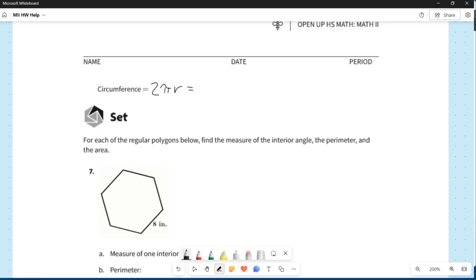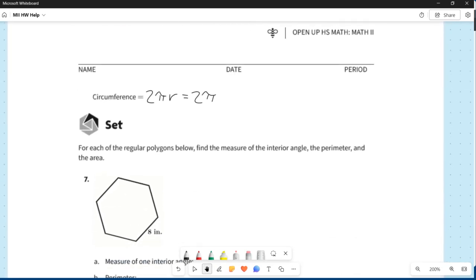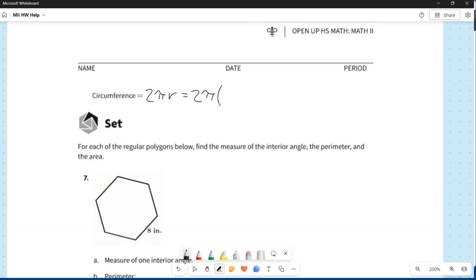So 2, we're allowed to keep pi, and our radius was, I already forgot, 9? Yep, 9. So we plug in a 9. Everything is being multiplied, so 2 times pi times r.